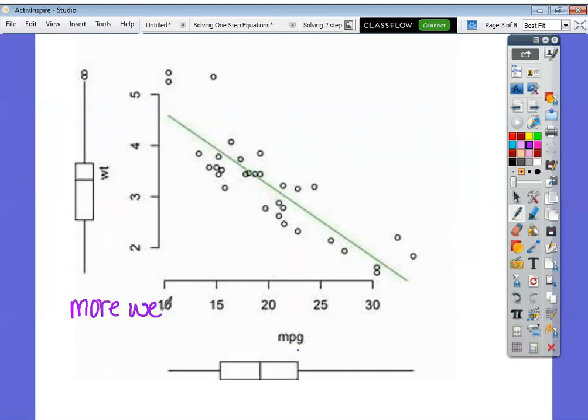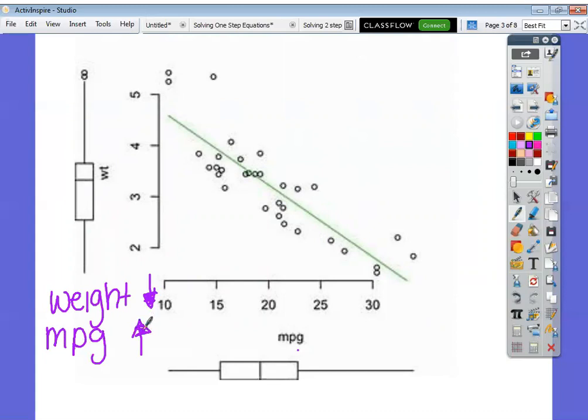Oh, I'm sorry, hold on, let me erase that. If you look, we'll say it this way: as weight decreases, miles per gallon increases.